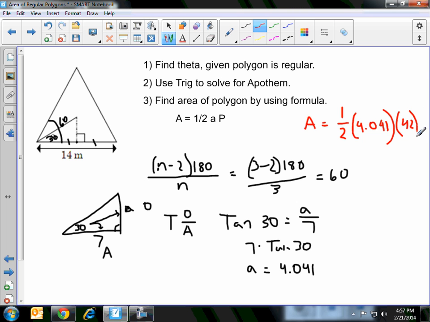Okay, so as you see here is how I'm going to type it in my calculator. Or you could just take half of 42 in your head and multiply that by 4.041. It really doesn't matter. You should get the same answer regardless of which one you do first, whether it's the half, the 4.041, or the 42.